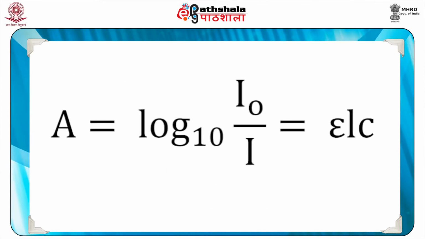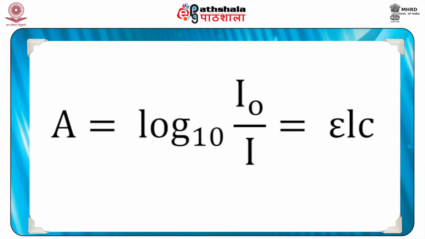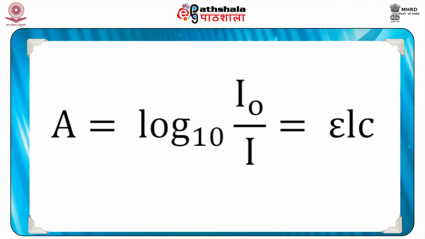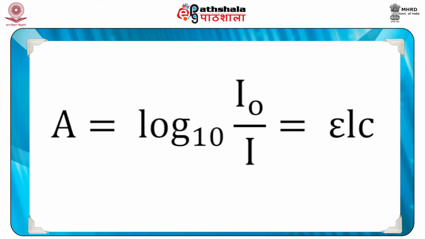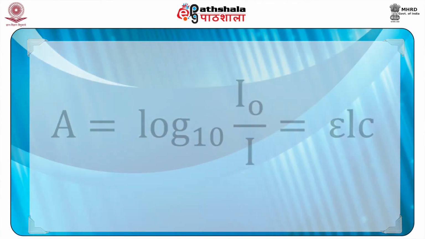A spectrophotometer relates the decrease in light intensity of a monochromatic light beam from I0 to I to the absorbance using the equation A equals log10 of I0 by I, equal to epsilon LC.